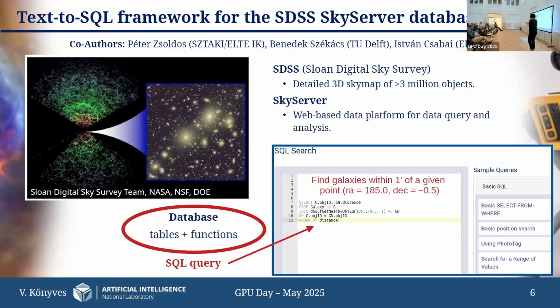By naming these tables and functions in a small SQL code, this simple way, we can find galaxies within one arc minute of a given sky coordinate. We would do this operation to later further analyze the subset of galaxies for our own research. But why do we want to create such a text-to-SQL framework when researchers can do programming?